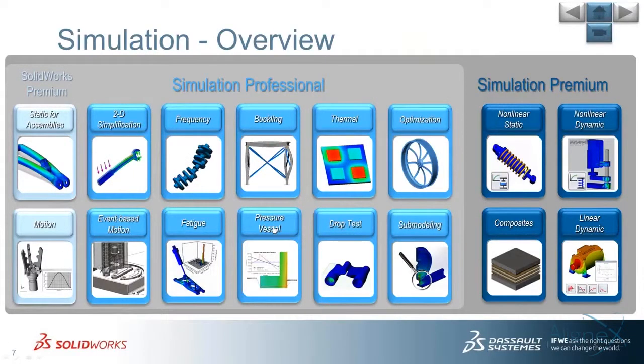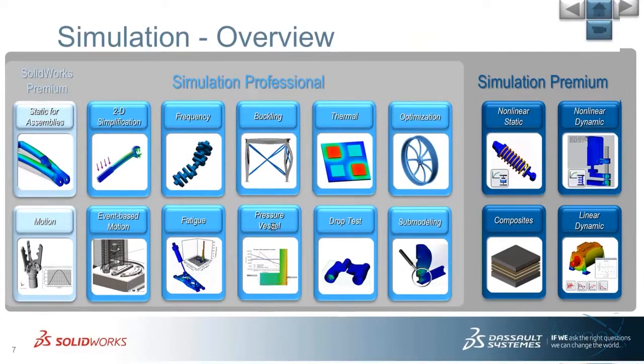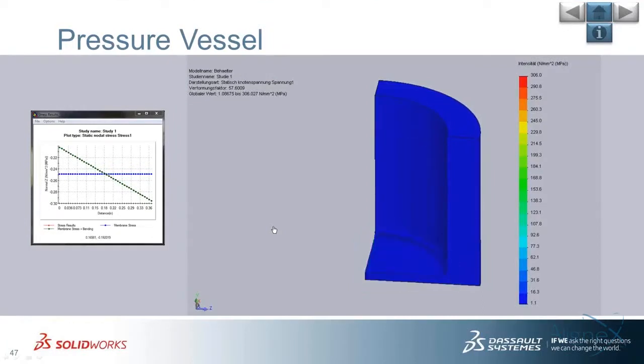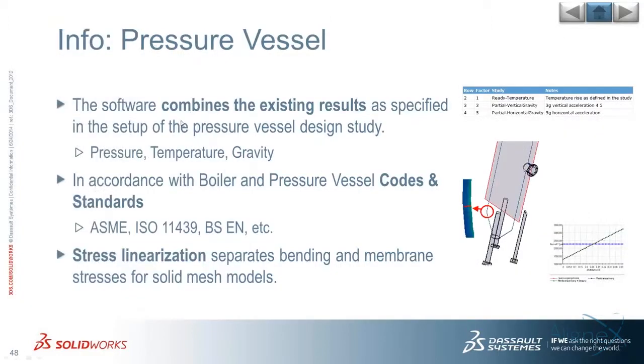Next, I want to quickly discuss pressure vessel. So pressure vessel is a capability that allows us to design per the ASME pressure vessel standard. So what this does is it takes the software and combines existing results as specified in the setup of the pressure vessel design study, where we're setting up different load and static studies, and then we set up a pressure vessel study that combines the stresses from those previous static studies that we set up.